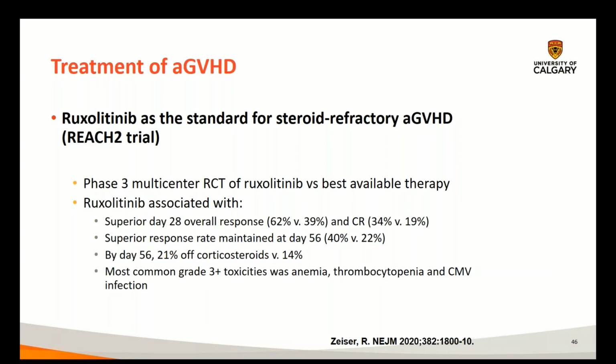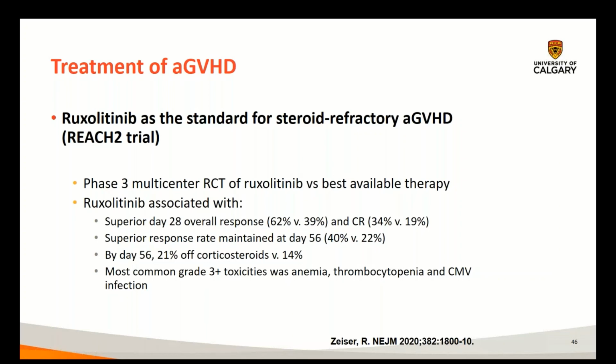And this is on the basis of the REACH-2 trial, which was a phase 3 multi-center randomized control trial of ruxolitinib versus best available therapy, which was investigator selected and could have been a host of any other previously used therapies for steroid refractory acute graft versus host disease, things like TNF inhibitors, mycophenolate, ATG, extracorporeal photopheresis. The investigators could choose from among these, and then patients were randomized to either ruxolitinib or the investigator choice.